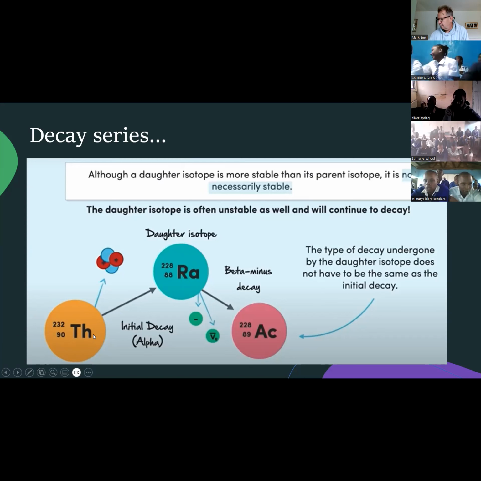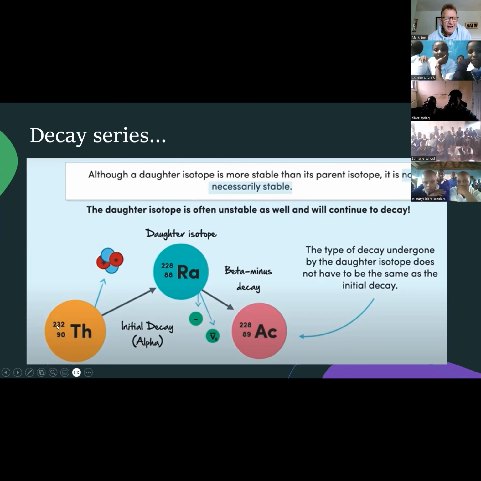So this is Th, which is going to decay, and the Th will decay into Ra, and they change. So Th is thorium and Ra is radium. And then radium is going to change into actinium. And you don't need to know their names.